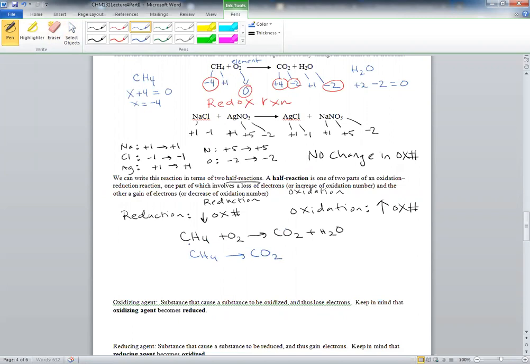Again, you want the part that has the carbons in it. What happened here? Well, we noticed that it was -4. It went to a +4. So what happened to the oxidation number here? Did it increase or decrease? So it went from -4 to a +4. That's an increase in oxidation number. Therefore, you have oxidation.